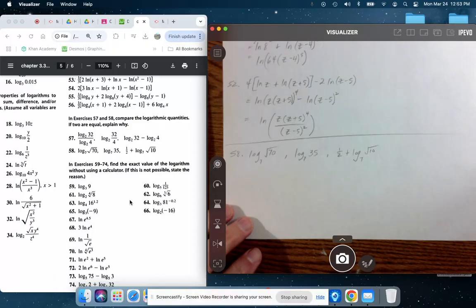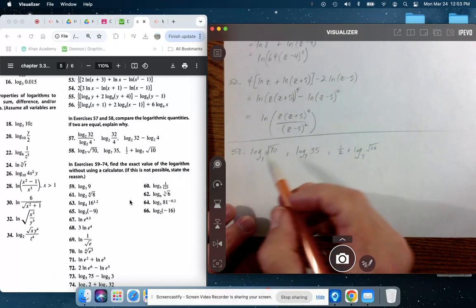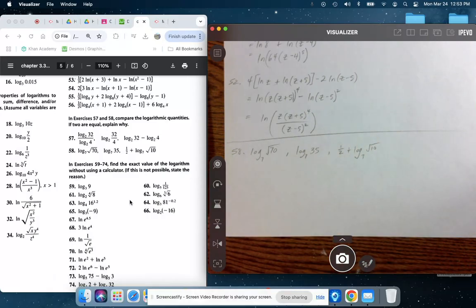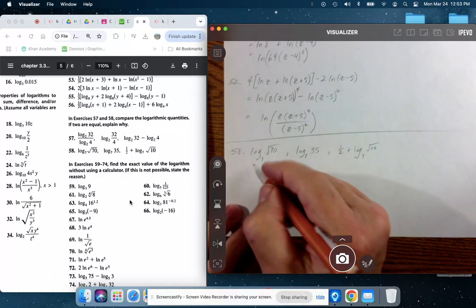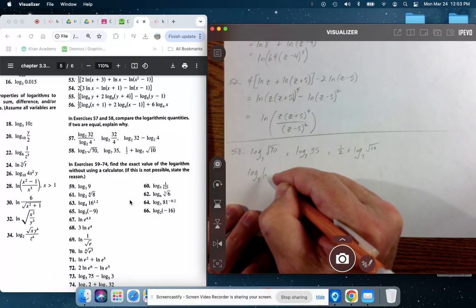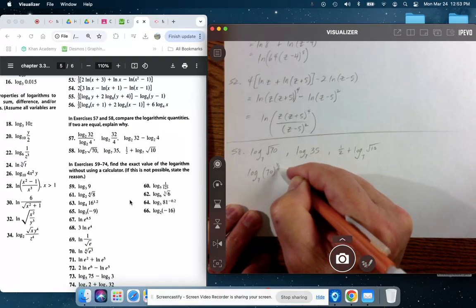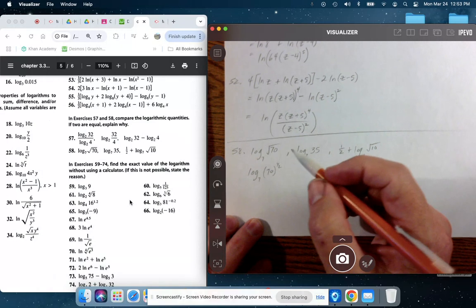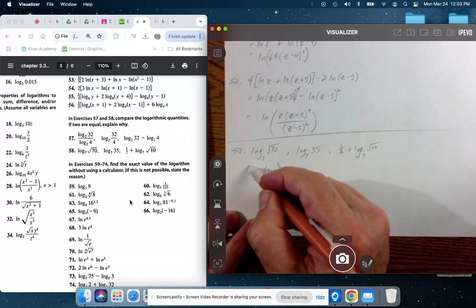Let's see. What can I do? Now, I could just plug these into my calculator and see if they're equal. That's one way to do it, but I don't think that's what they intend. I think they want us to play around with these and see. This would be 70 to the 1/2 power, and then that 1/2 could come out front, couldn't it?